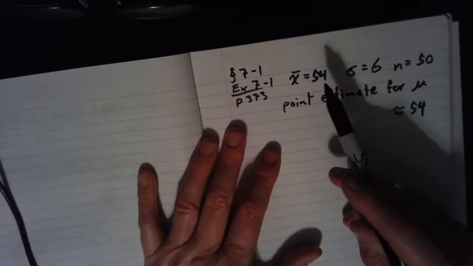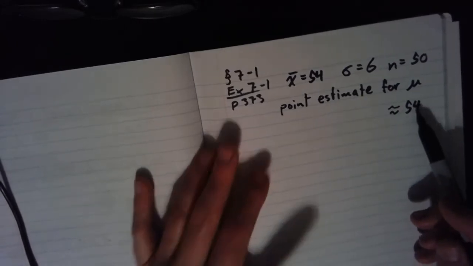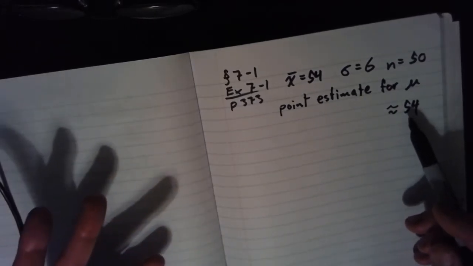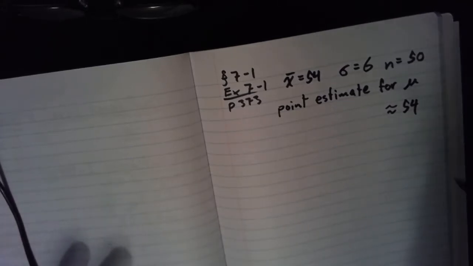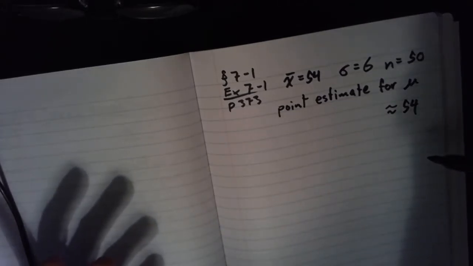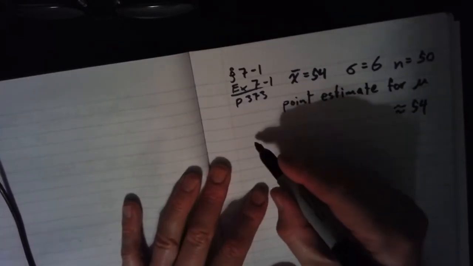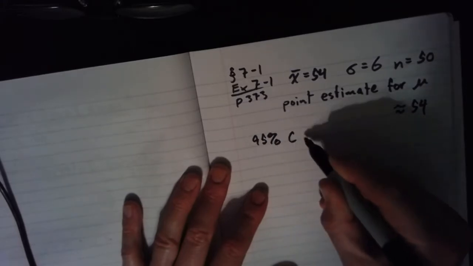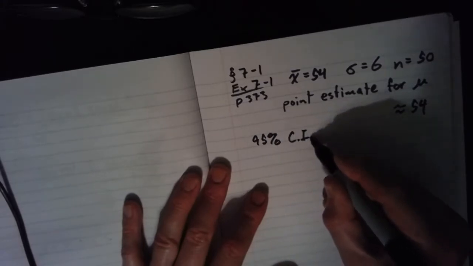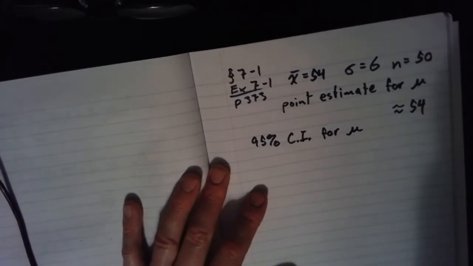Just whatever our sample told us, that's the one number that we can throw out for the population, and that doesn't give us very much. So as a follow-up, we're going to say the 95% confidence interval for mu. Okay?